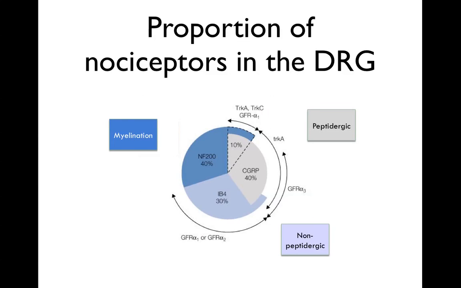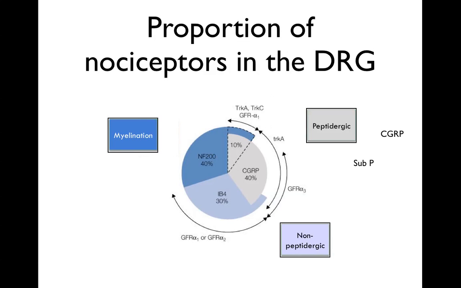So if we divide the proportion of the nociceptors in the dorsal root ganglion, we'll see that about 40% of them have myelination. That's A beta, A alpha, and A delta. About 40% are peptidergic, which release the substance P, as I said, and the CGRP.